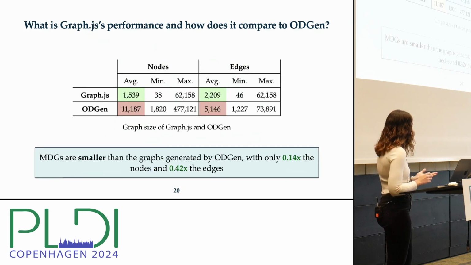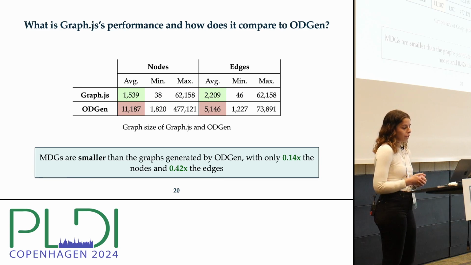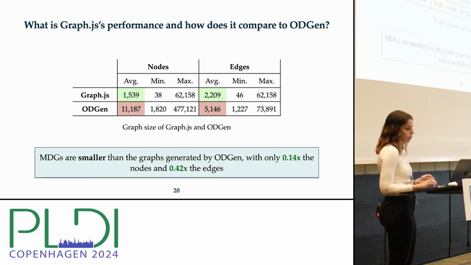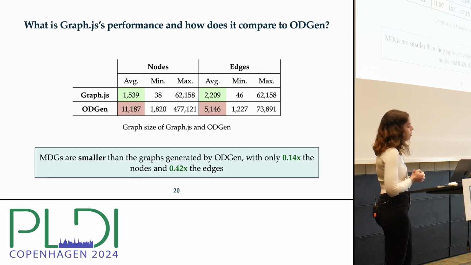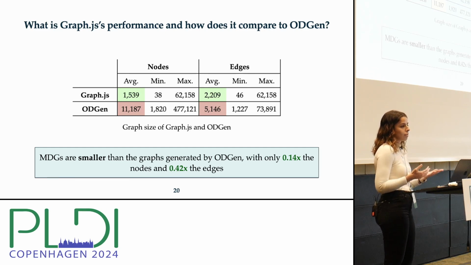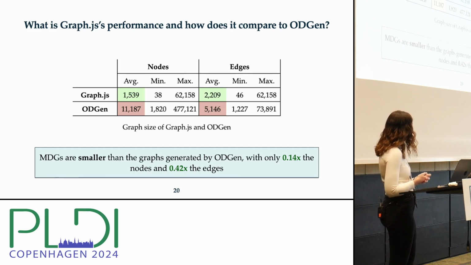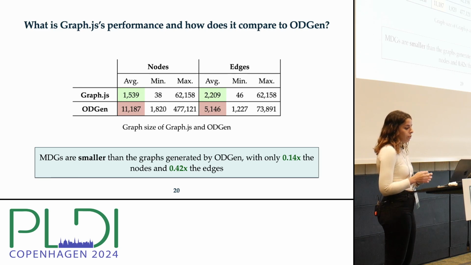Of course, we also measured the size of the graphs generated by both tools. So in the first row, we have the size of the graphs generated by GraphJS, our multiversion dependency graphs. And in the second row, we have the size of the graphs generated by ODGen. We can see that the multiversion graphs are smaller than the graphs generated by ODGen. We only have 14% of the nodes and 42% of the edges.